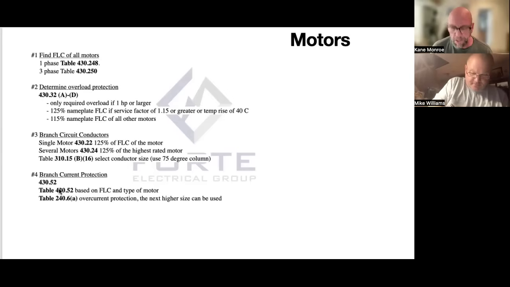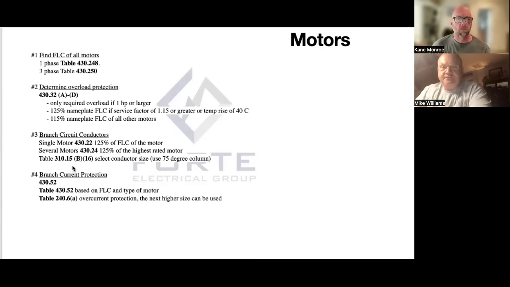I put a big old fat percentage sign right in the middle of that table. And then you take your FLC of your motor, let's just say it's 175%, multiply it times 1.75, take that number, whatever that is, and then go to 240.6(A) to pick out your breaker size.